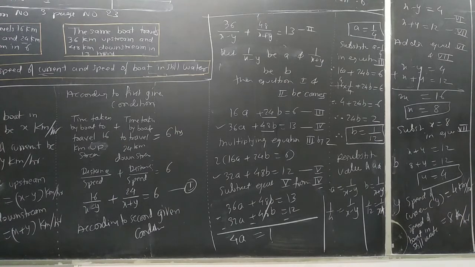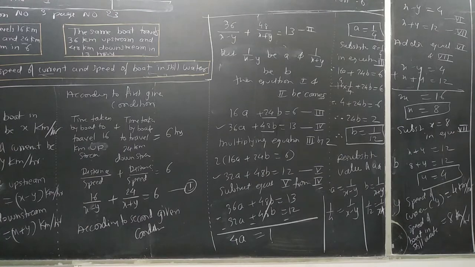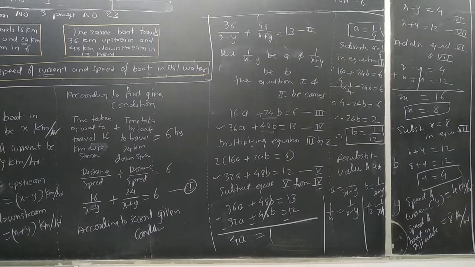This is the question. This is a solved question. This question is there in textbook. They have given the solution for it, but we are doing it in our way. So student, you take the idea of this question and you are going to do your own.